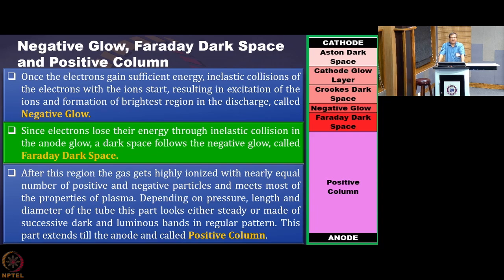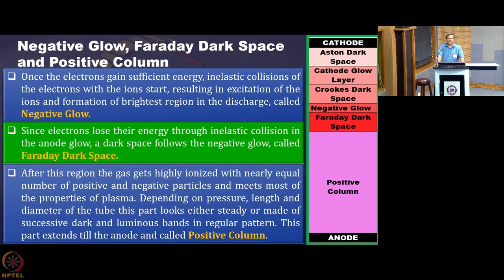They cause inelastic collisions, making ionization and forming excited ions which emit light. That is why you see a very bright zone, the negative glow. And since the electrons lose their energy after the inelastic collision, after the negative glow you see a dark space, and that is called the Faraday dark space.